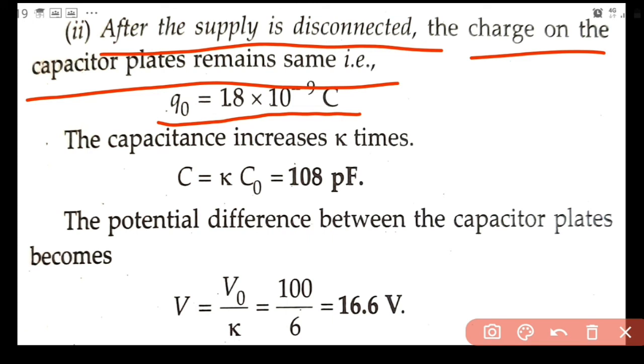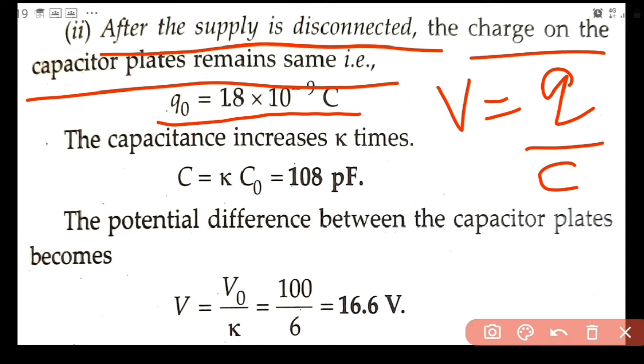Now what about the potential difference? The capacitance is now C, and the charge is the same. So the potential difference V is equal to Q by C. Q is Q0 itself, divided by C, which is KC0.